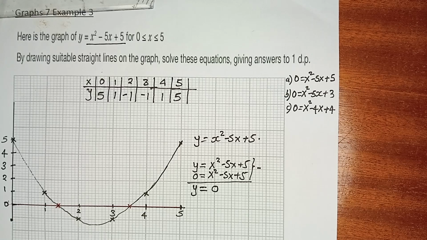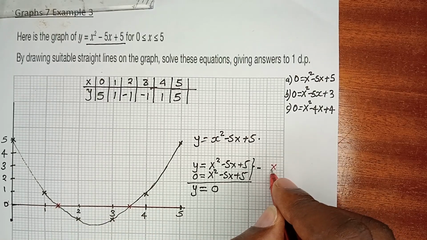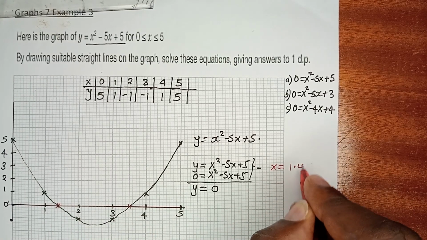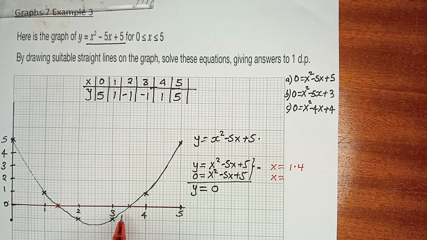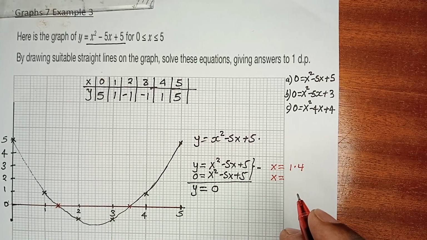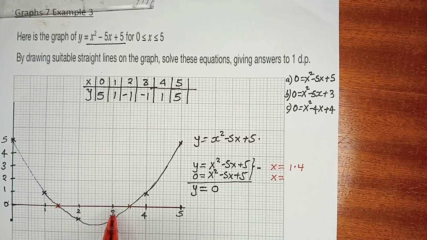So for this one, x equals 1.4. Another possible value of x is this one, which is 3.5.